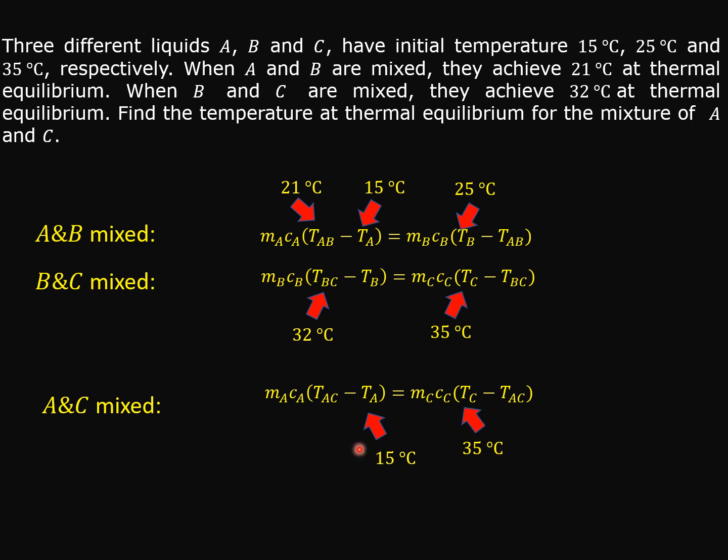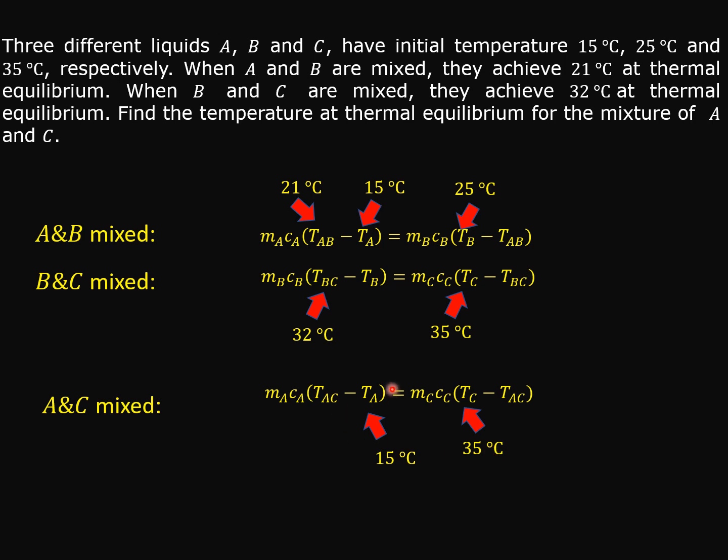So if we mix these two liquids, C will transfer heat to liquid A. That means the temperature at thermal equilibrium for A and C must lie between 15 and 35.